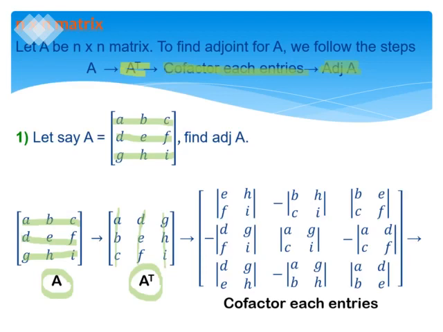And then the next step, we have to find the cofactor for each entry. So we have to put plus, minus, plus, minus, plus, minus, plus, minus, plus.